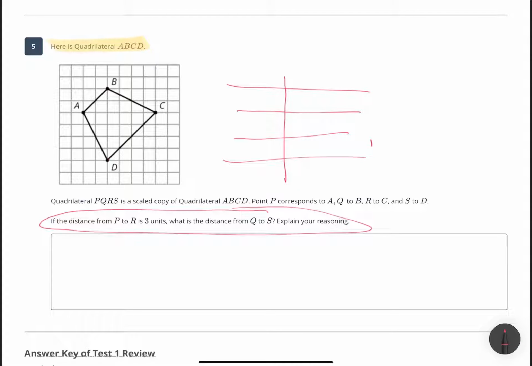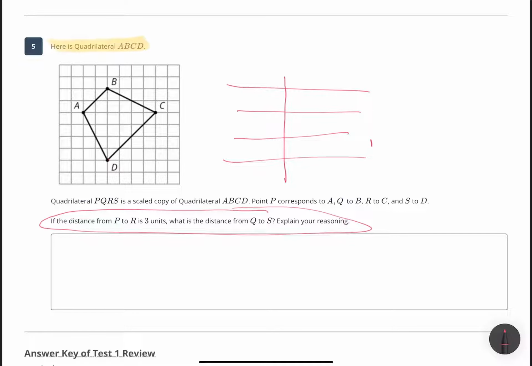Remember, this is your assessment. You have to do what you have to do to get the right answer. So don't feel like, oh, this is way too much. No, I'm an adult, and I need to organize all those letters to make it clearer. In lesson 2, we talked about points and line segments that correspond with each other. If you don't know what the word corresponds means, make sure you visit lesson 2.